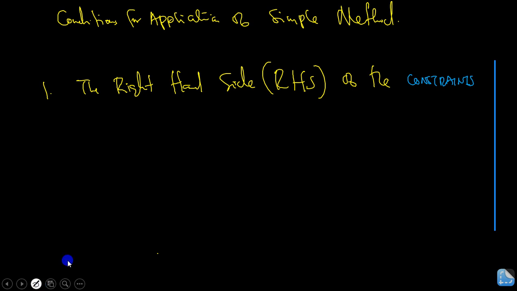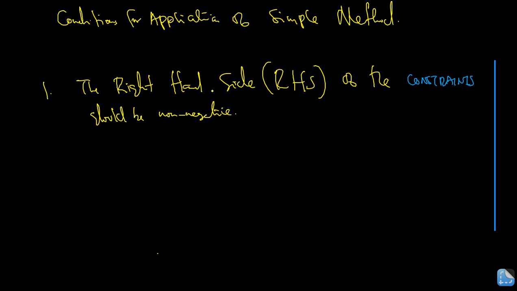Yeah, so we're saying that the first condition is that the RHS, the right hand side of the constraints, should be non-negative.